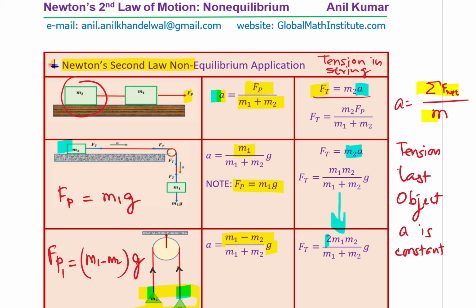You get the idea. Perfect. If we have a system of pulleys with n number of strings, this number will be n, right? So with n strings, Ft will be n times m1 m2 over the sum.